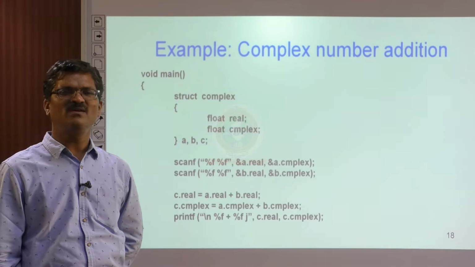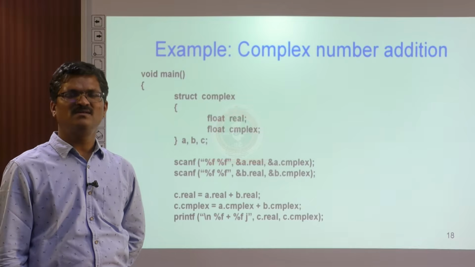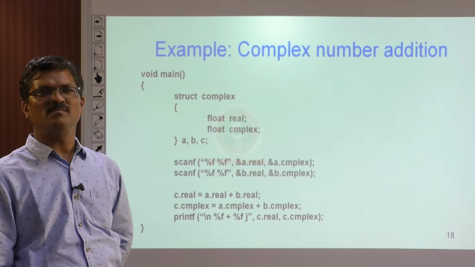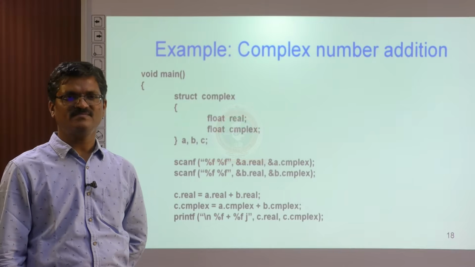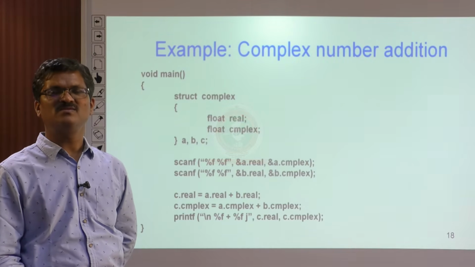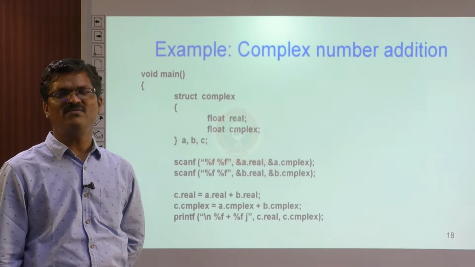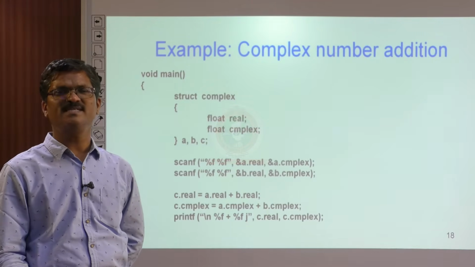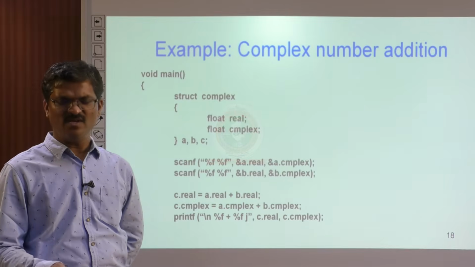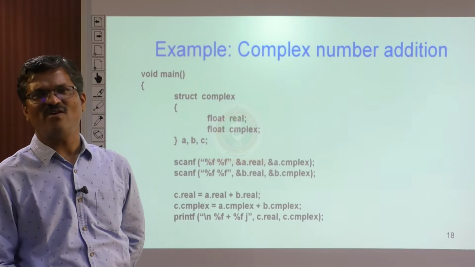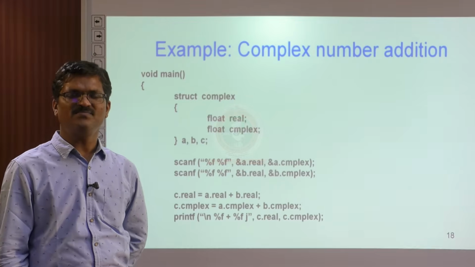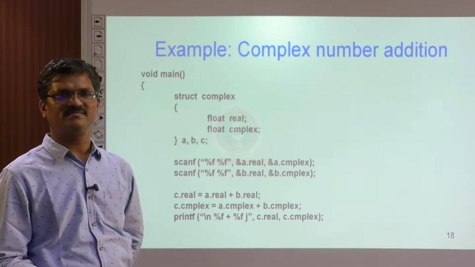In the same way, C dot complex will hold the sum of the imaginary parts of A and B. Then we print the sum of the two numbers as C dot real and C dot complex. So here dot is the operator using which I can access the structure members.